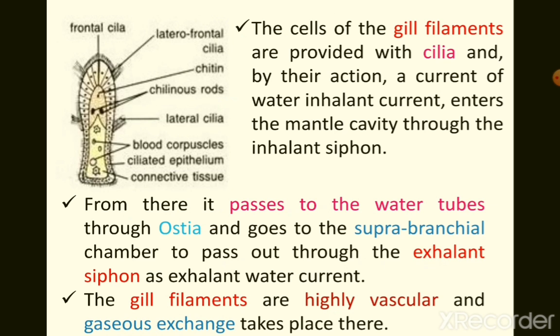Now, how is the blood supply? Blood is supplied to the ctenidia. While learning about the circulatory system, we said the blood from the kidneys is taken after removing the nitrogenous waste. From the efferent renal vein, the blood is poured into the afferent branchial vein, or the afferent ctenidial vein.